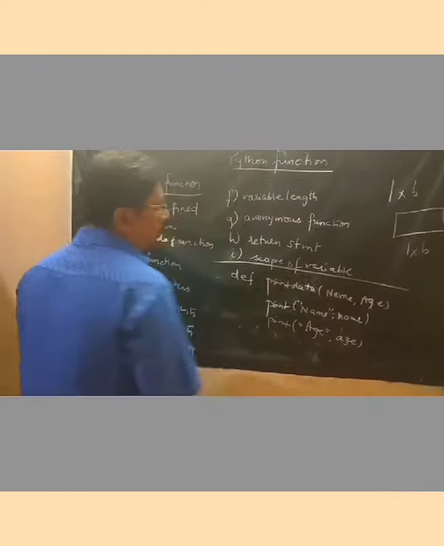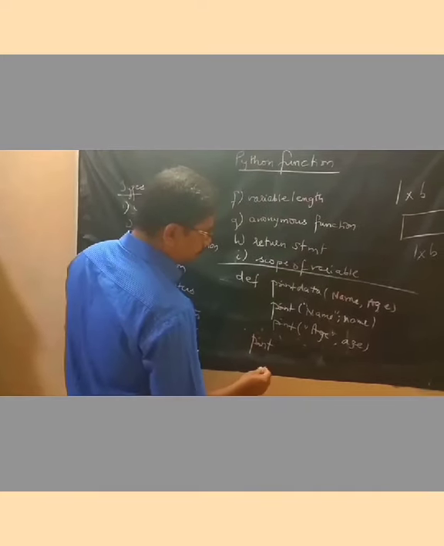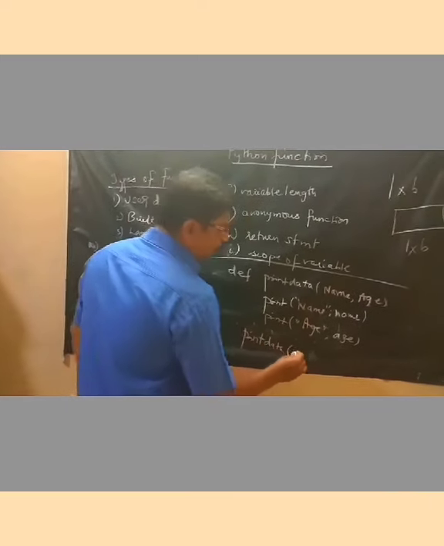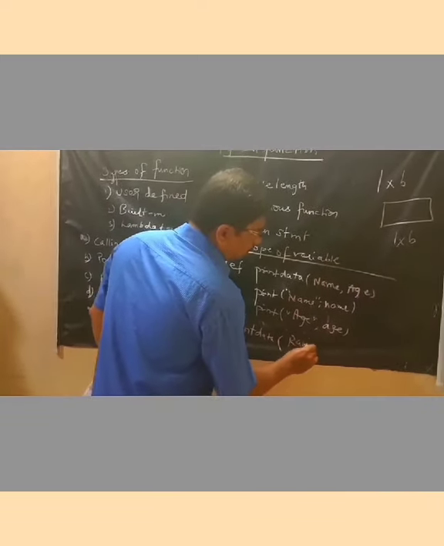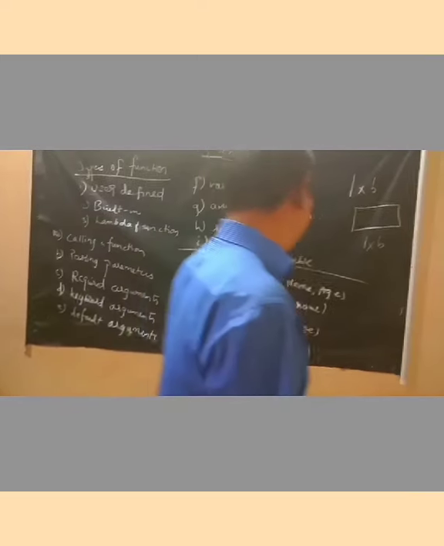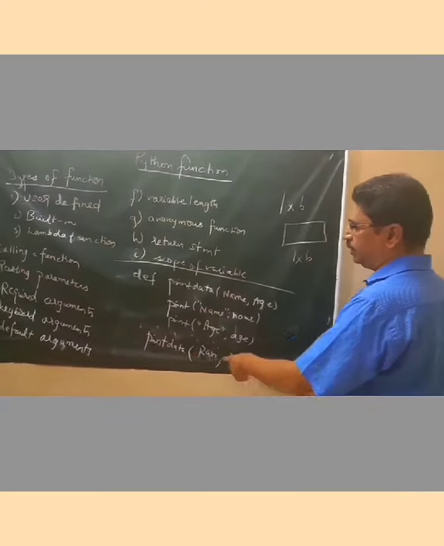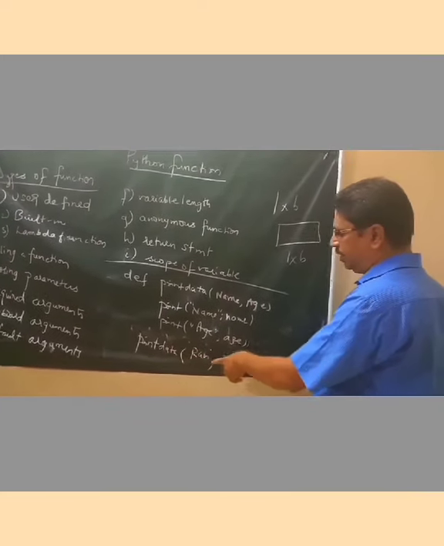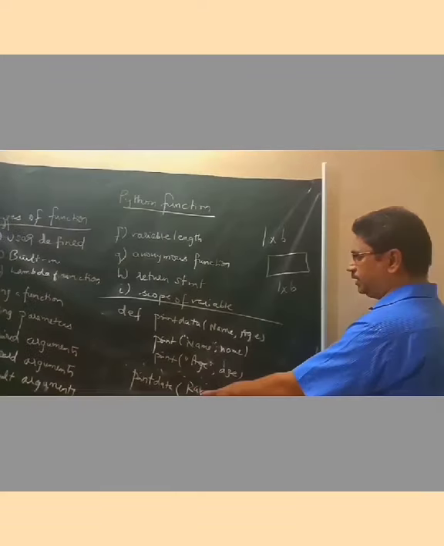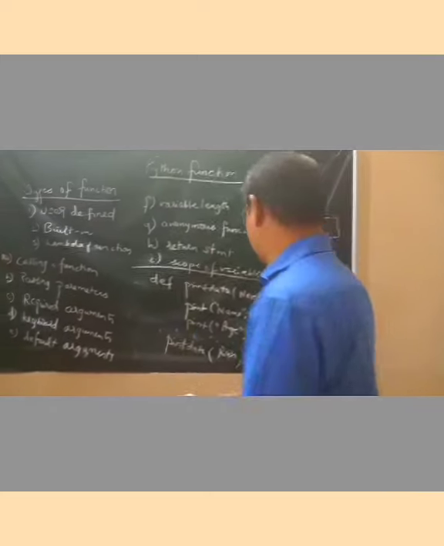Okay. Now here I give like this, print_data name equal to Ravi and age equal to 35. See, I have given two values, Ravi and 35. So the computer will take automatically this for name and this for age.